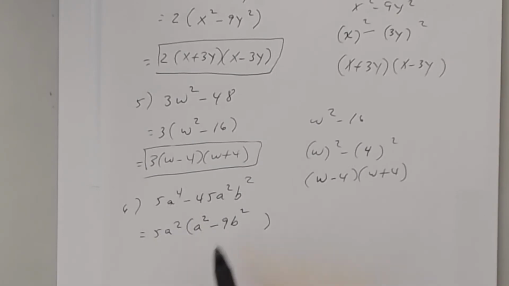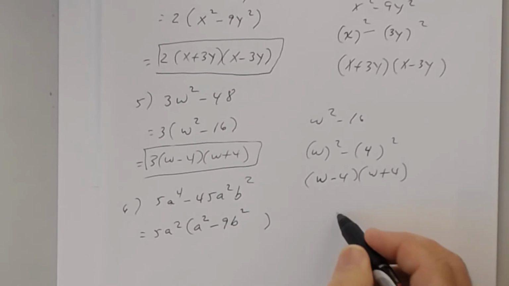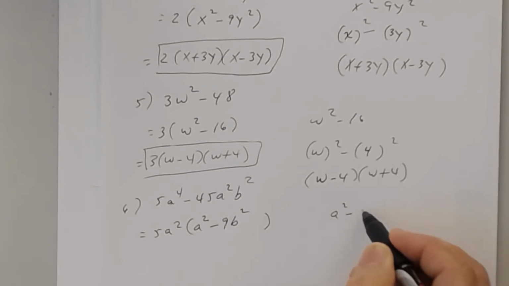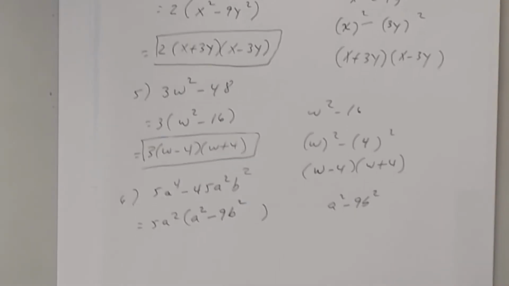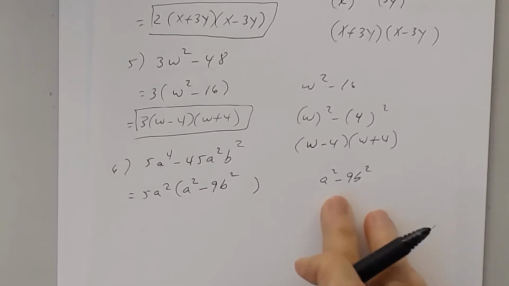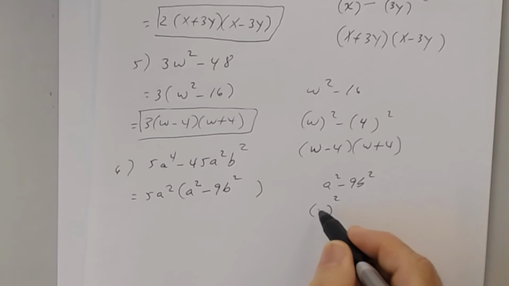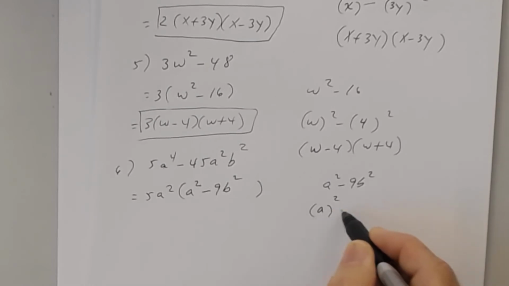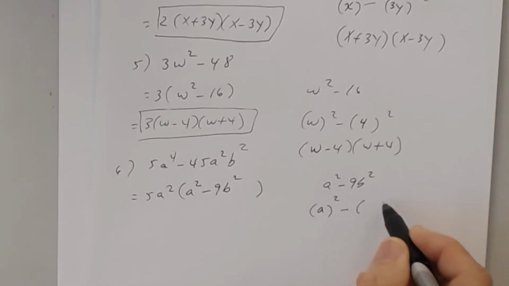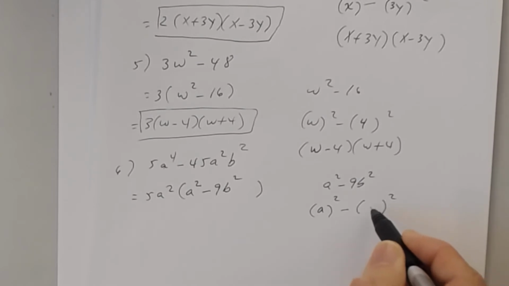Now, you need to make sure that this binomial cannot be factored any further, or if it can be factored further. Is that the difference of two squares? Yes, because I can write a squared as what times itself? A. And I can write 9b squared as what times itself? 3b.